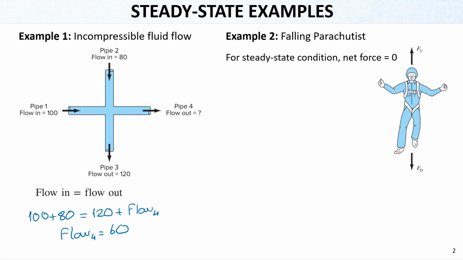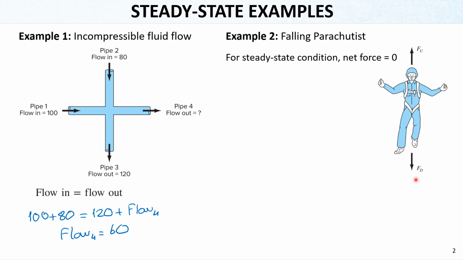In the second example on the right hand side, you can see our falling parachutist example, and you know that for this one we had a change of the forces. The downward force and upward force had a difference, as we showed in the previous slide. But in this case, let's say we have a steady state condition and the net force is zero.